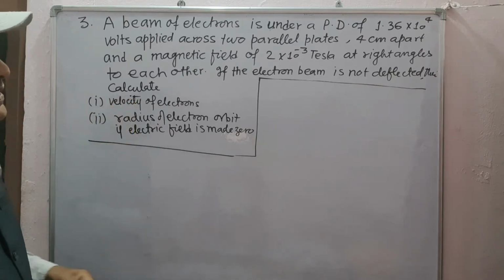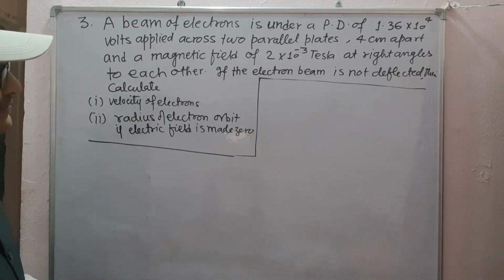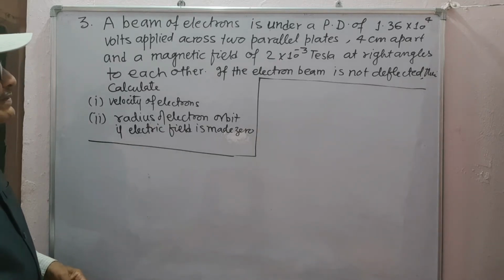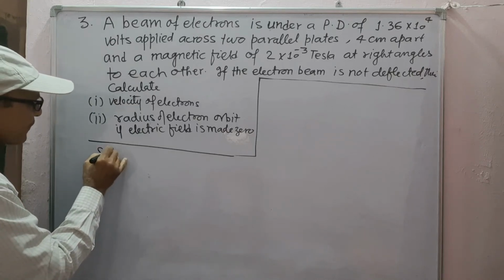Means electric and magnetic fields are perpendicular to each other. If the electron beam is not deflected, then calculate velocity of electrons and radius of electron orbit if electric field is made 0. Now, we come to the solution.